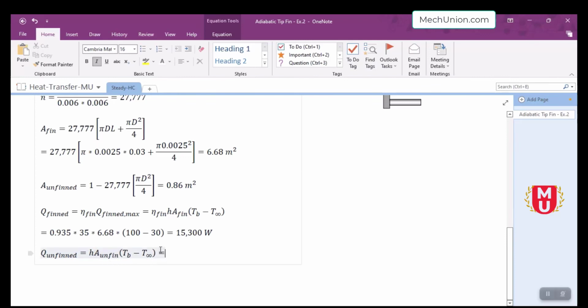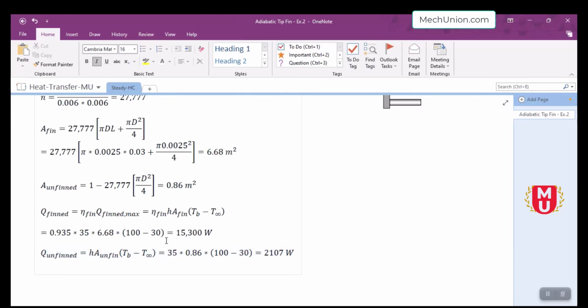If we substitute, we have 35 times 0.86 times (100 minus 30), which will conclude to 2107 watt.